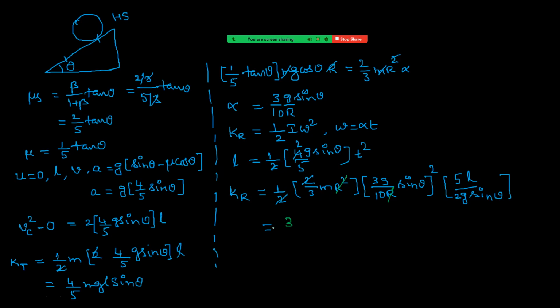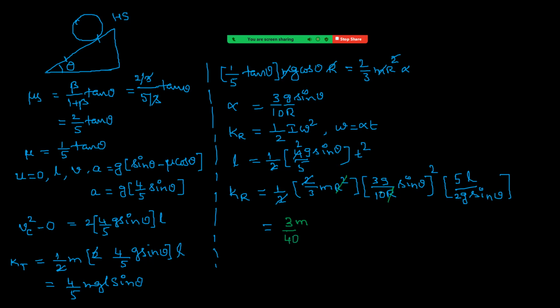Next, see what else is left. m is there. It is now 3 square, 9, and this is 3, 3 is left. This is now 10 square, 100. And here what we have? 5 by 2. Then 100 and this is 2, 200. This is a 5, means 1 by 40.